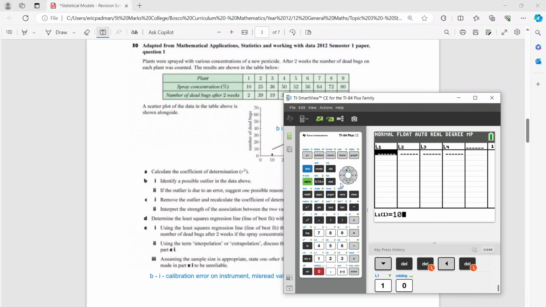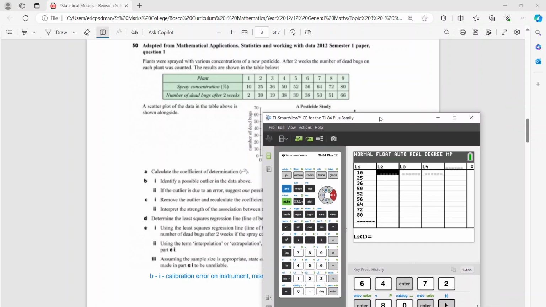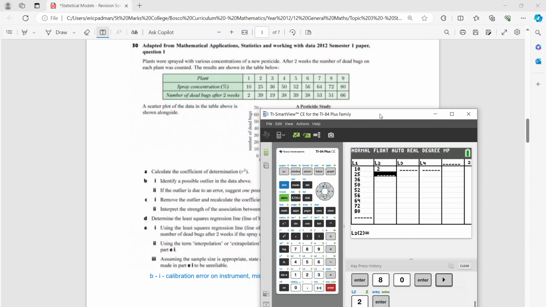We've got 9 plants. 25, 36, 50, 52, 56, 64, 72, 80. Dead bugs: 2, 39, 19, 38, 53, 51.